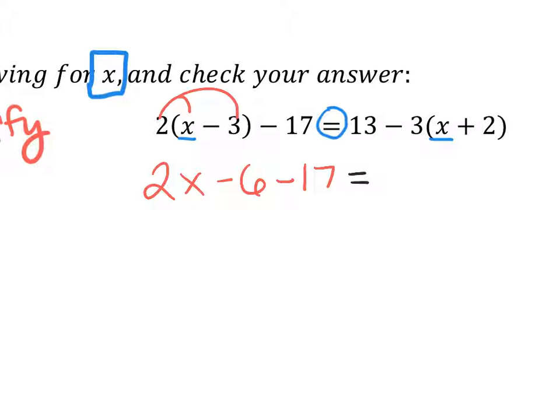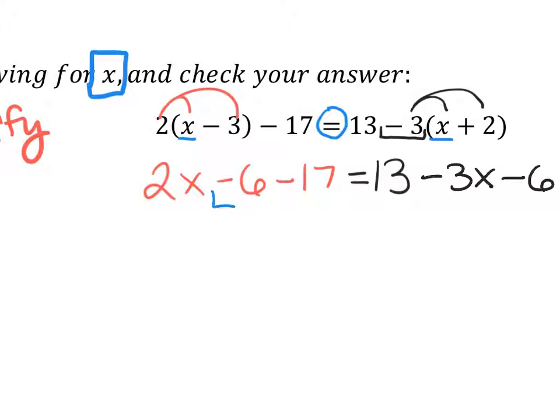And then on the right-hand side of our equal sign, we have this 13 out in front. And then this negative 3, remember the sign goes with whatever comes right after. So it's a negative 3 that we treat it as when we do our distributing. So we have a minus 3x and then a minus 6. Then we can look on each side and combine like terms.